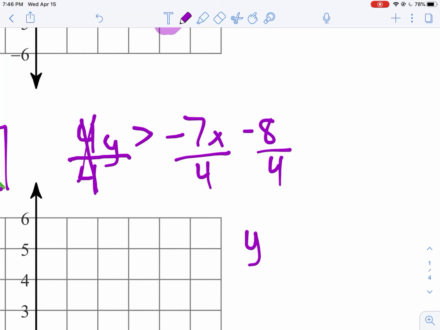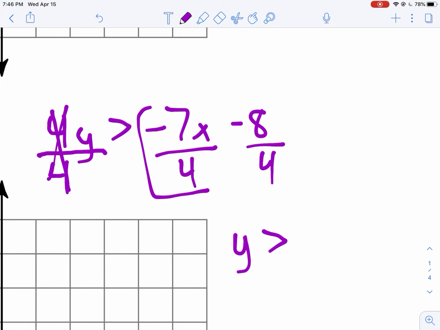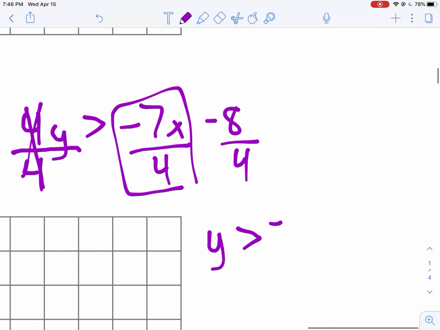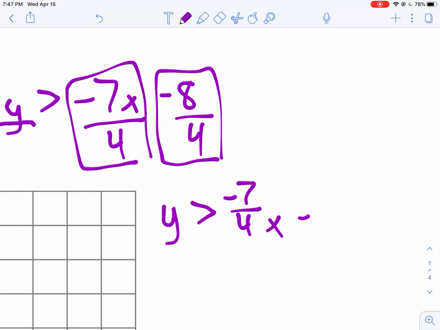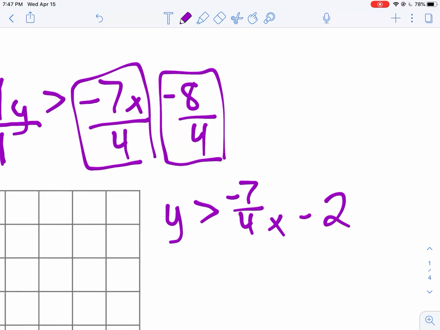I have y is greater than negative 7/4 x. My slope is negative 7/4. Slope is okay to be a fraction. Remember, we do rise over run. And then what's left, I have negative 8 divided by 4, which is negative 2.